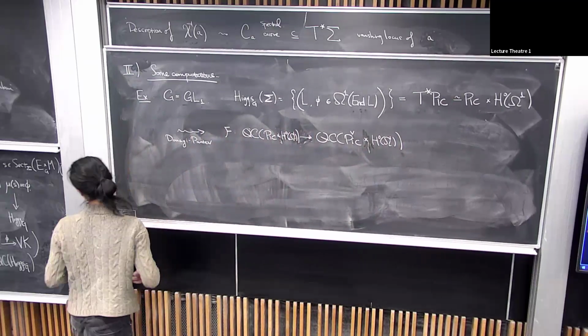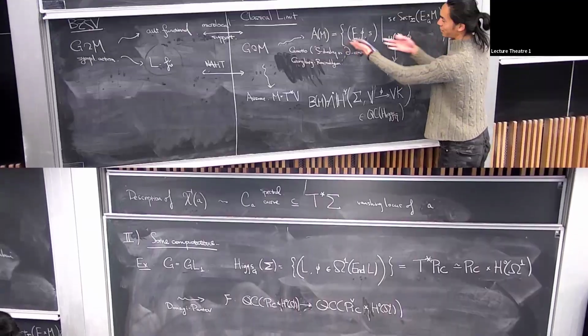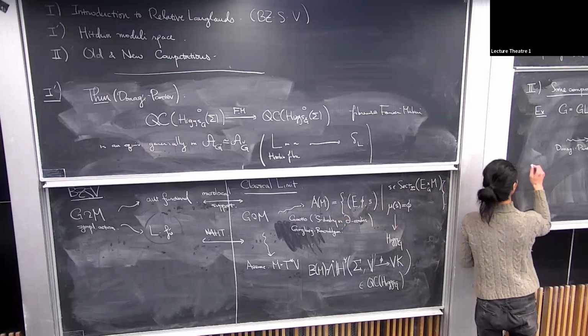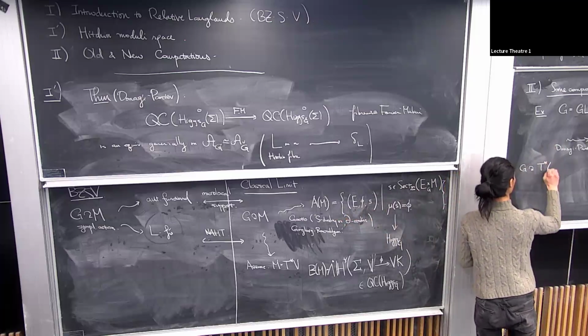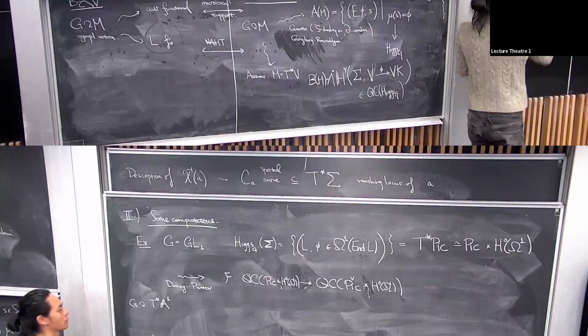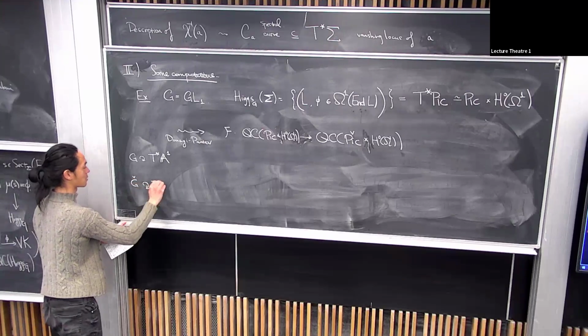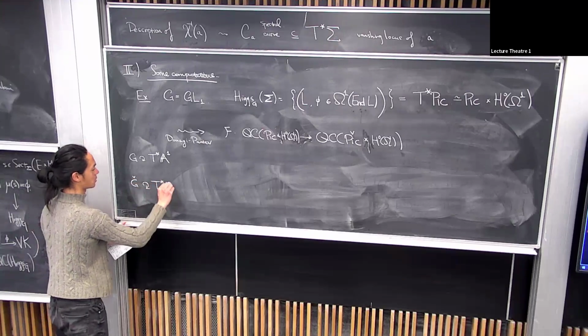Okay, so let me give you a flavor of what these A of M's will look like. Let me give you a Hamiltonian G-space, so G acting on T star of A1. If you've seen some of this before, then you know that the dual is also the same shape.